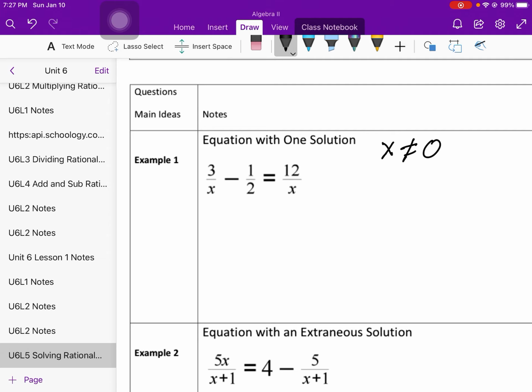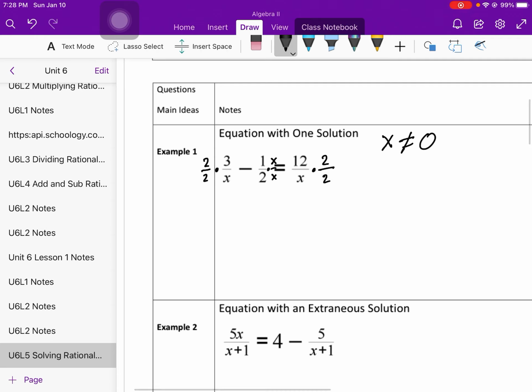So on the first fraction, using the information that we had before from the previous lesson, we're going to multiply by 2 over 2, because we want to get 2 and x as factors on the bottom of that one. This one, we're missing a factor of x, so we're going to multiply by x over x, and this one, we're also missing a 2. So we're going to multiply by 2 over 2.